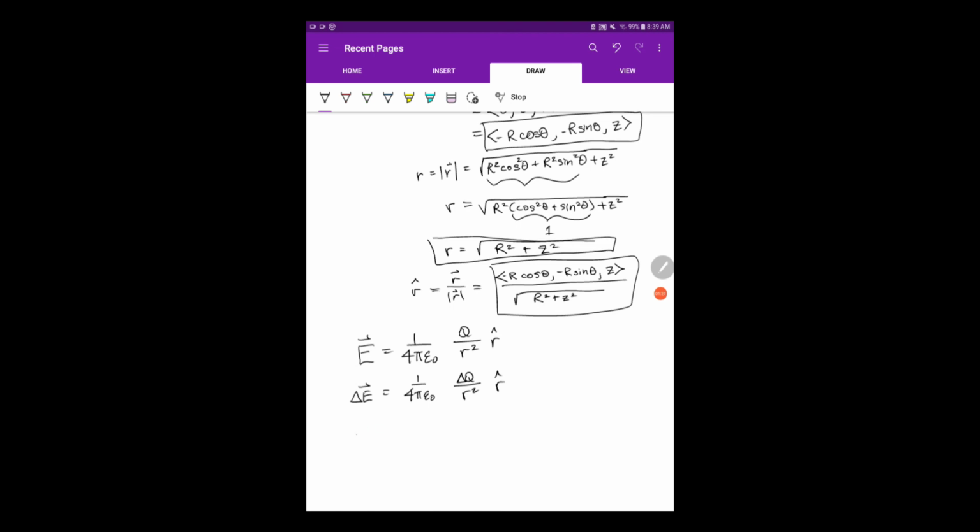So that just means I can write delta E as a vector is 1 over 4 pi epsilon naught delta Q, and then I square my r so that I have r squared plus z squared, just getting rid of the square root, and then I have r hat.